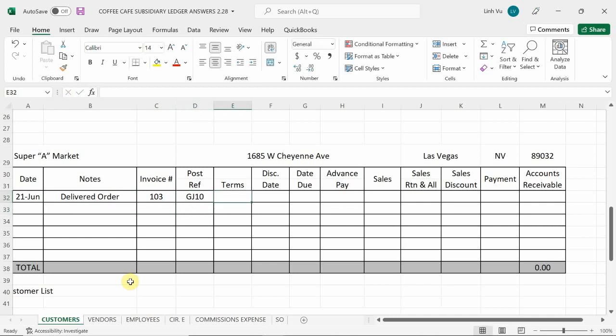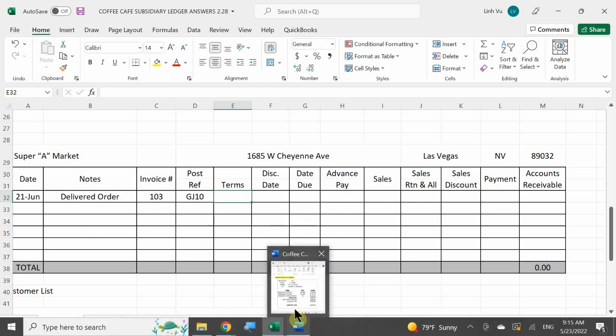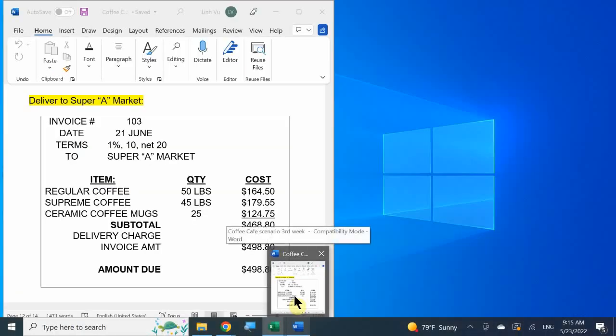What were the terms I gave Super A Market?